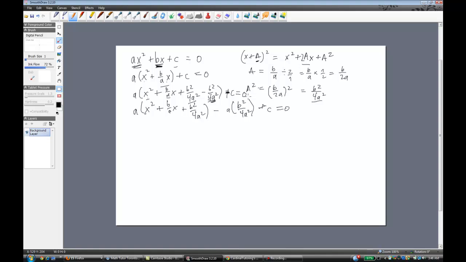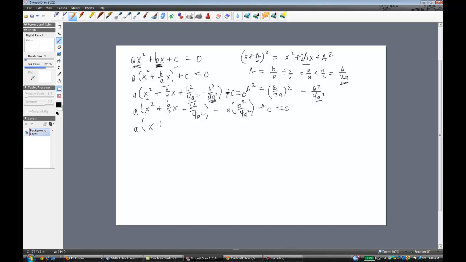And just cleaning this up a little bit, we now have x. So this is the perfect square trinomial, which we wanted, which becomes x plus A all squared, and capital A was b over 2a right here.